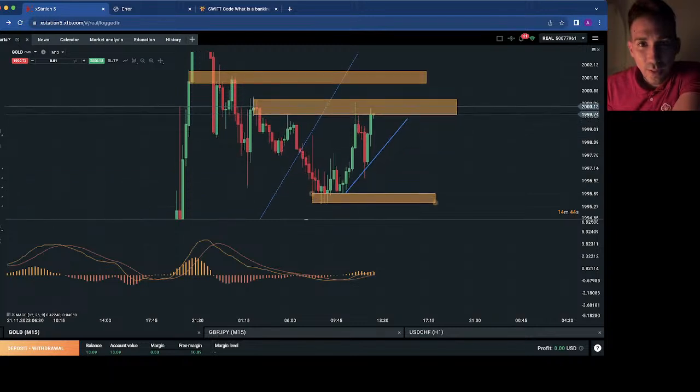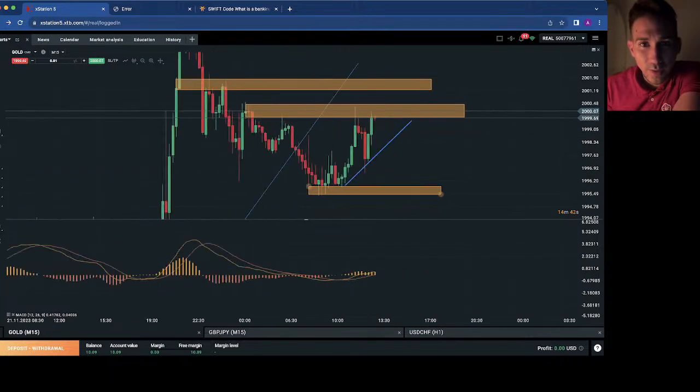The price already hit the target, hit the area of value again.